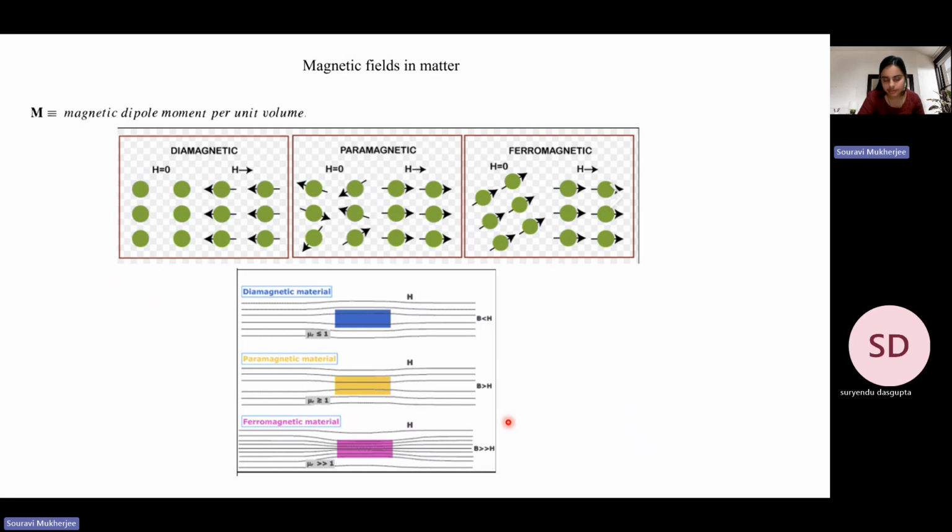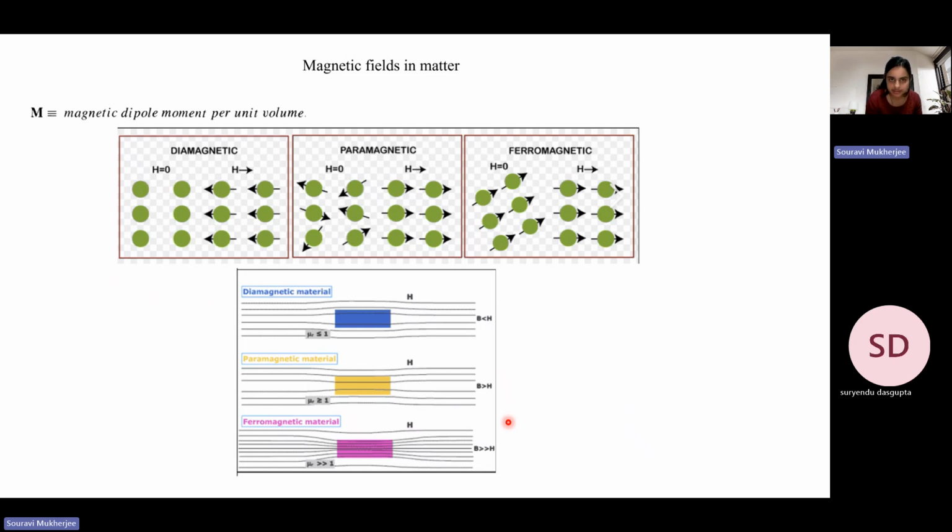Similarly, based on what medium you have, if small current loops are generated inside the medium, that can also generate a net magnetization in the medium. And based on what kind of matter it is, you can have different kinds of reorganization of the current loops, and that can result in either enhancement of the field inside the medium or reduction of the net field.